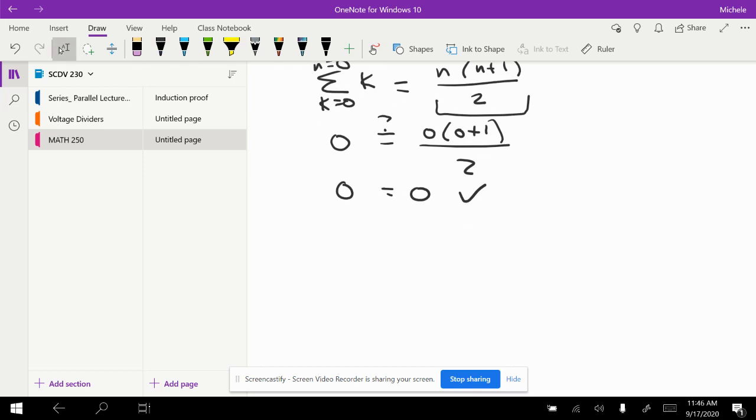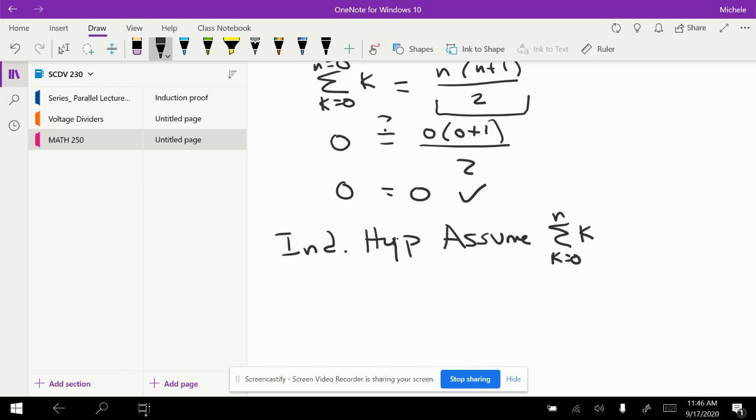Next we're going to do the induction hypothesis, and we're going to assume our theorem. So we assume that the sum of k equals 0 to n of k equals n times n plus 1 over 2. Okay, and now we need our induction step.